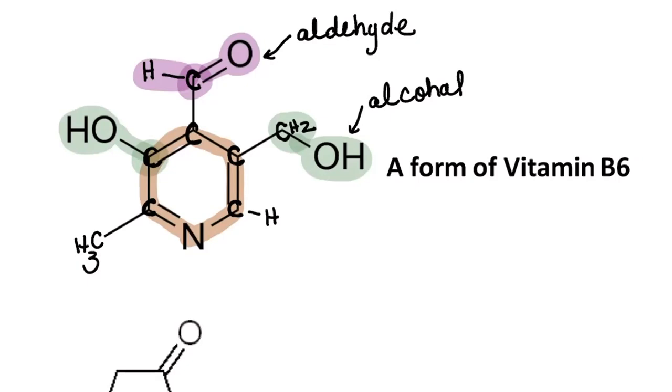Is this an amine or is this an amide? Great job, Maria. Exactly. This is an amine. Again, amine, because if you have a nitrogen atom bonded to carbon chains, that is considered an amine. In order for something to be considered an amide, it has to be a nitrogen atom bonded to a carbonyl, okay?